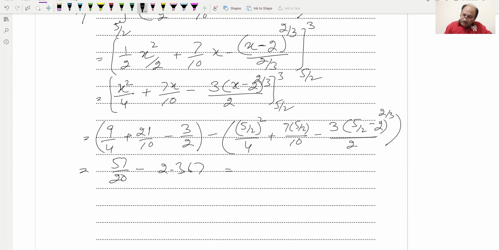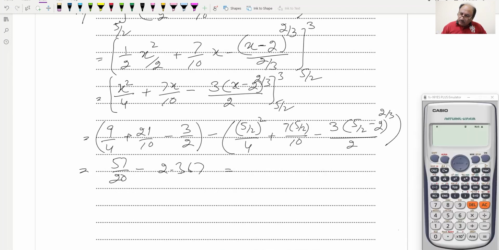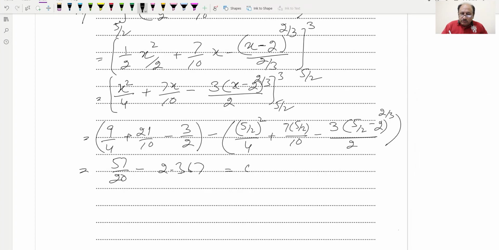Now if we simplify this, it will be 57 over 20 minus 2.367, and this will give us 0.483. So 0.48 up to two significant figures we can use.